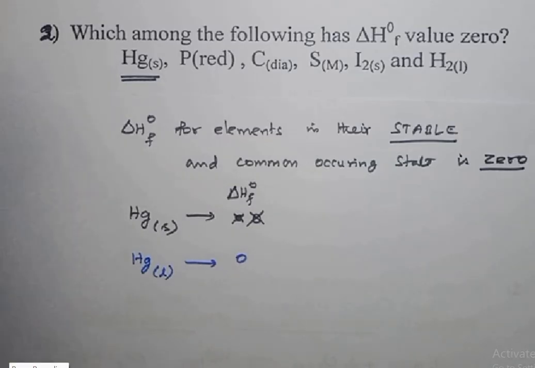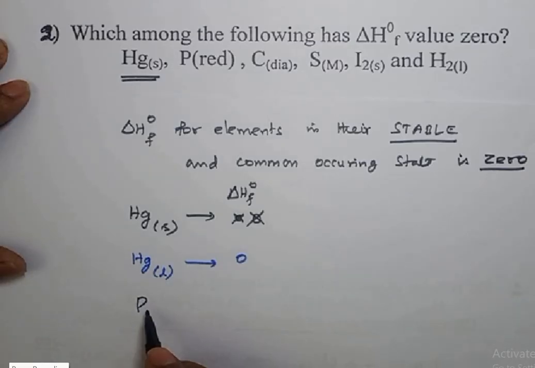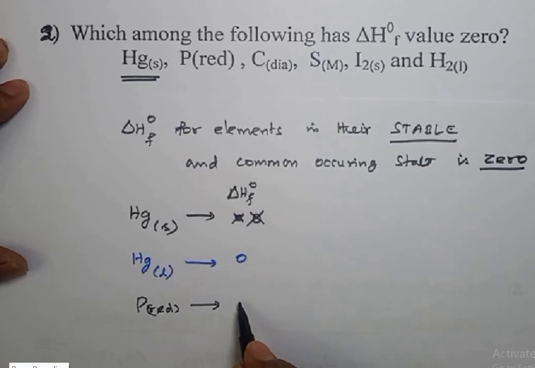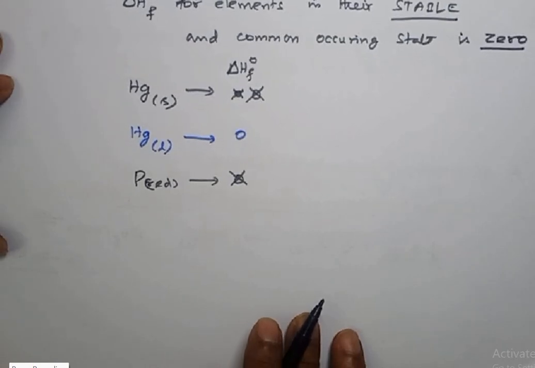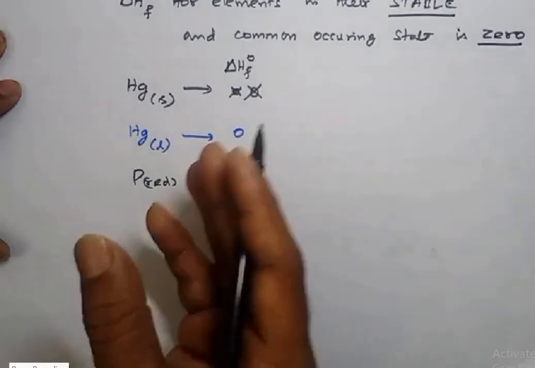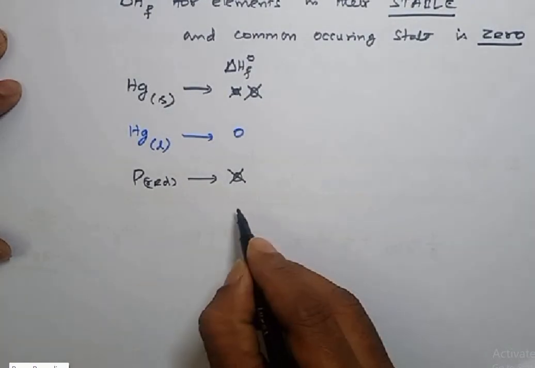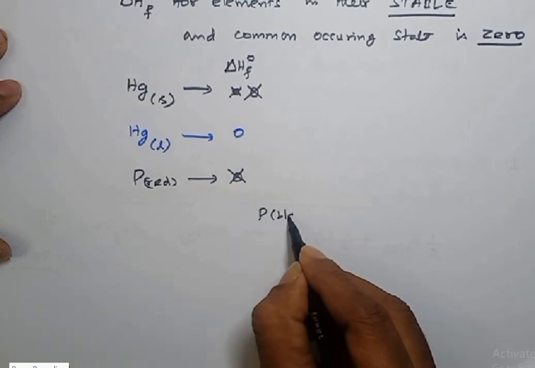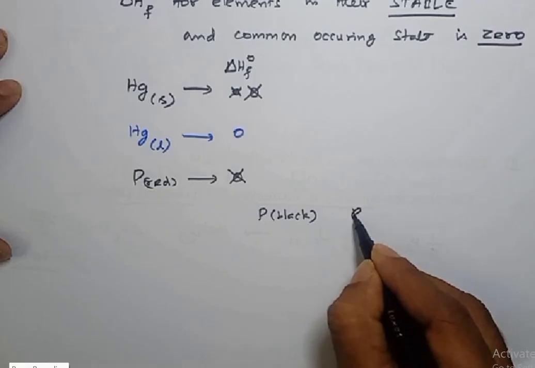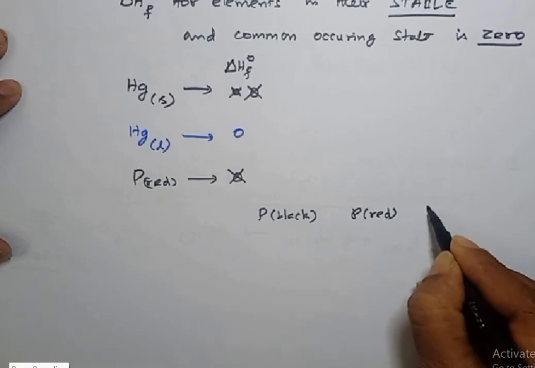Then the second element, red phosphorus, is given. For red phosphorus, the standard enthalpy of formation is not 0. Why is it not 0? We know very well, in phosphorus we have 3 common forms. What are they? Black, red, and white.